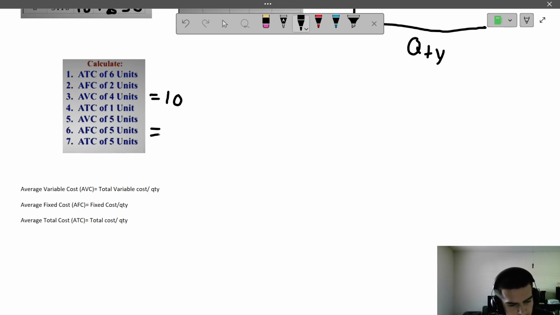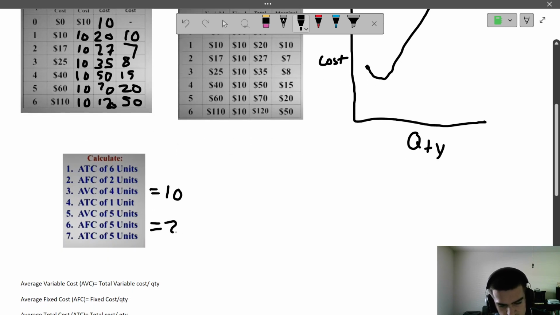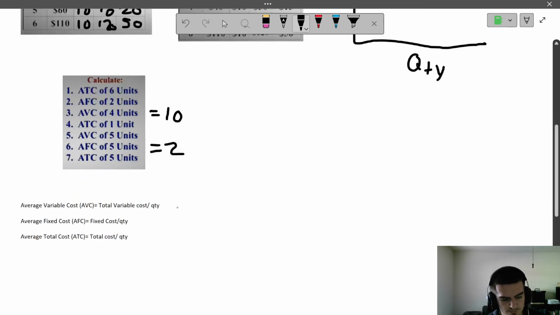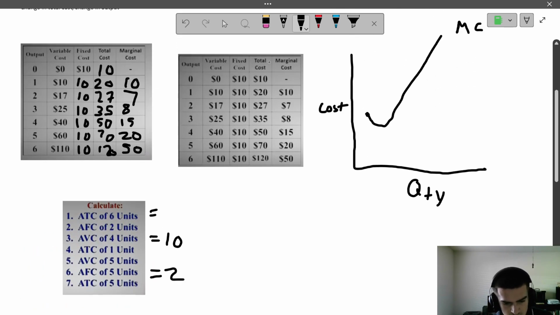So at 5, our fixed cost is $10 divided by 5, so our average fixed cost is going to be 2. Simple, right? Just division. And our average total cost is going to be our total cost divided by our quantity. So our average total cost at 6 units is 120 divided by 6, which is 20.